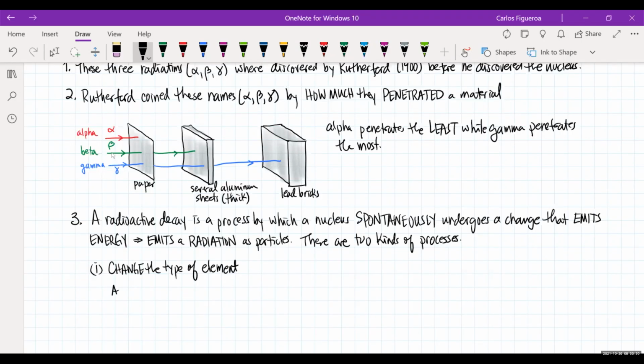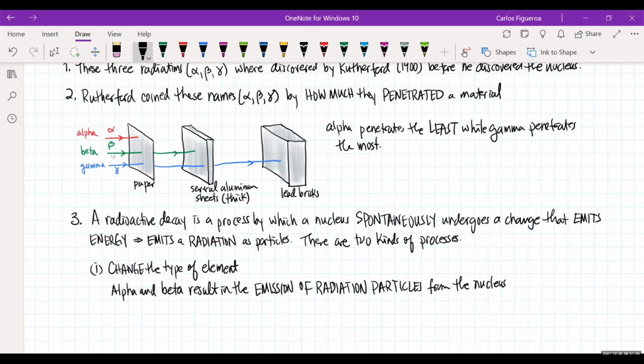So alpha and beta result in the emission of radiation particles from the nucleus.